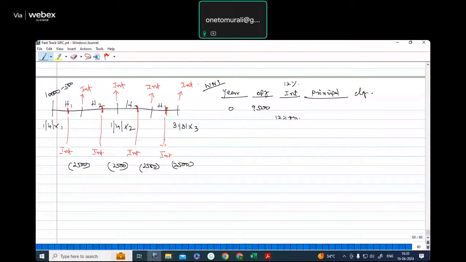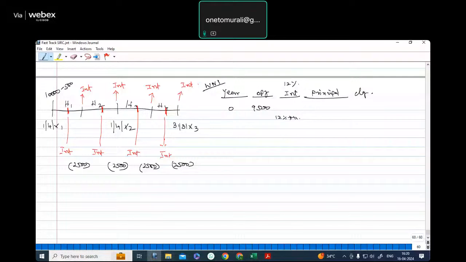3975 into 0.03, 119, giving 4094. 4094 into 0.03, 123, and it is not going to be, let me just check. 123 plus 4094 equal to 4217.